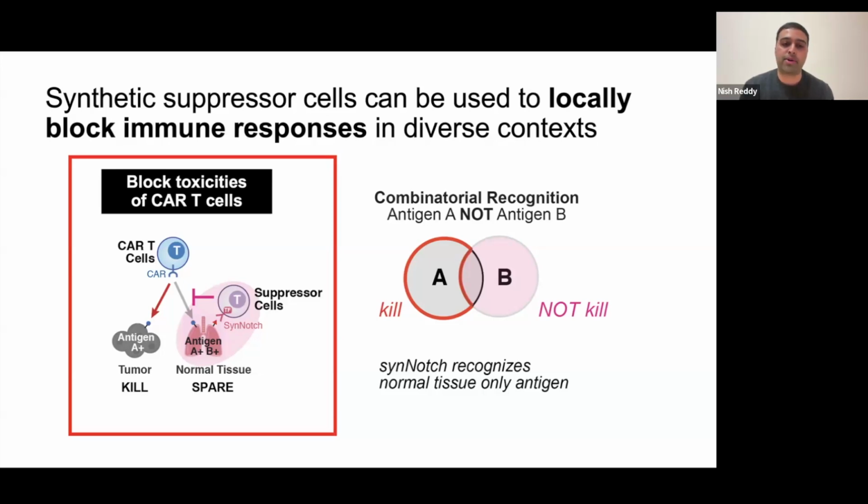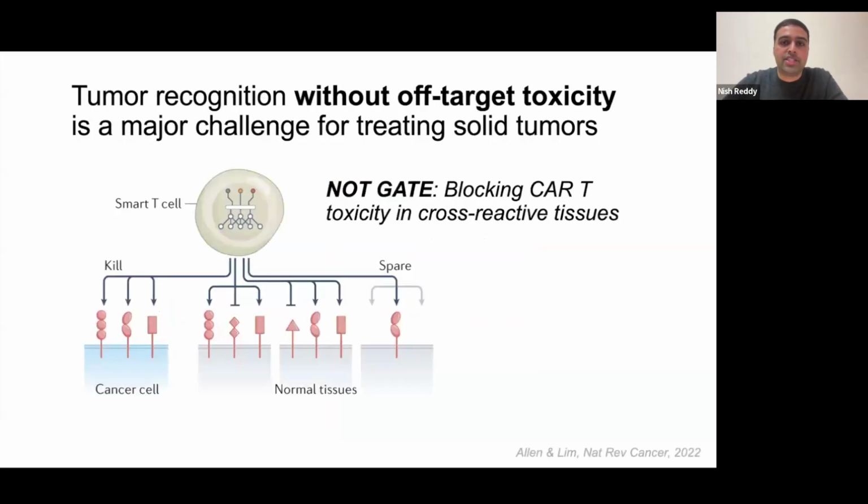So can we engineer suppressor cells that recognize this cross-reactive tissue and suppress CAR T cell activity there? These are often called NOT gates, and there's a lot of interest in engineering CAR T cells with this sort of more Boolean tumor recognition, where you can recognize tumor but not have this off-target toxicity.